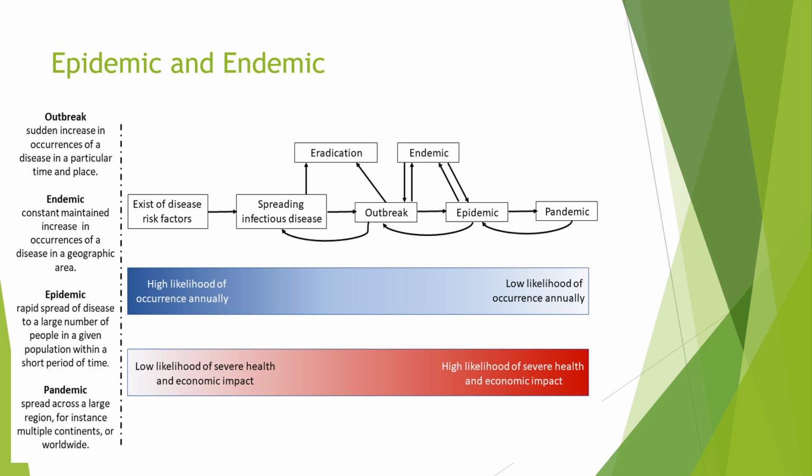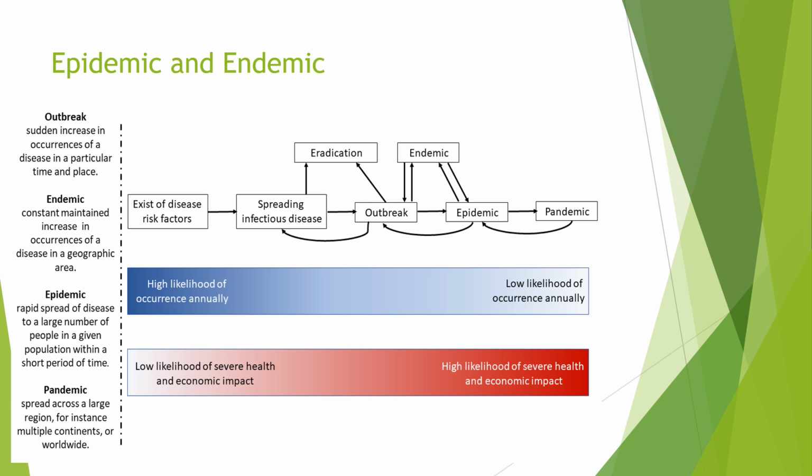But here I will seize the opportunity of letting you know how this whole process starts from the bare existence of risk factors in the environment, which spreads, creates at the lowest level the outbreak, which again when it becomes constantly present over a geographic area becomes an endemic, and when this goes beyond a certain normal expected occurrence becomes an epidemic, and when this again spreads over a much larger area it becomes a pandemic.